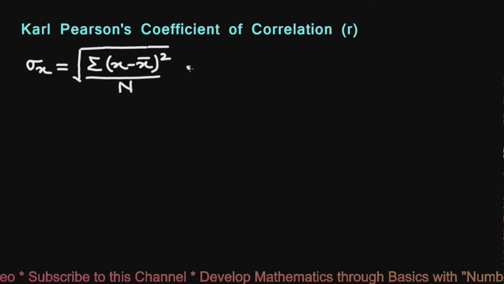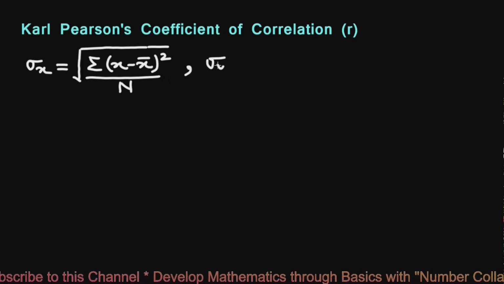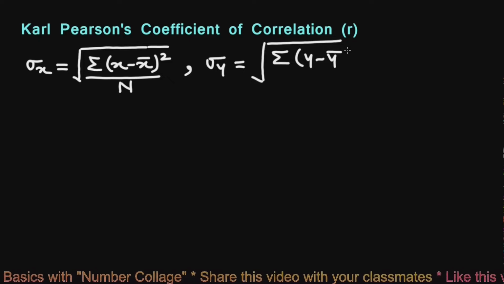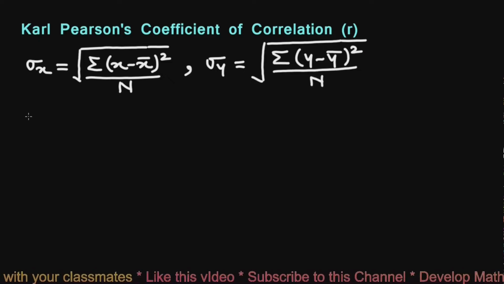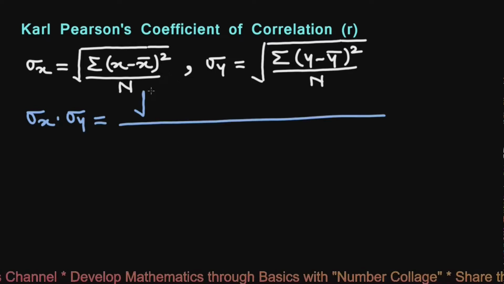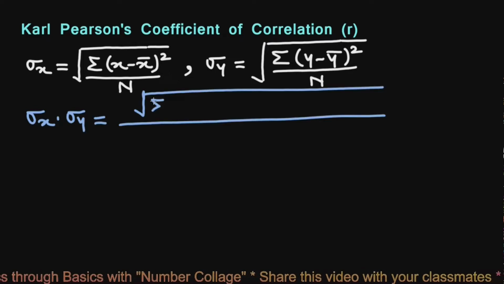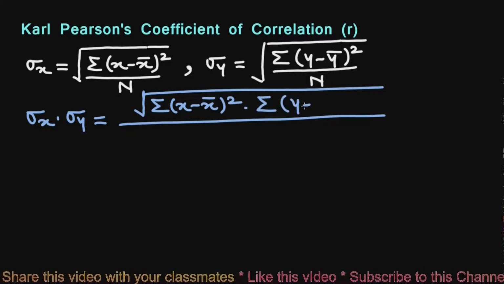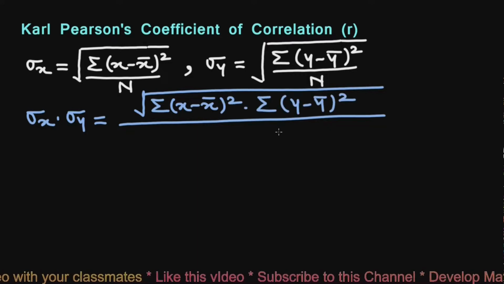We have standard deviation sigma x equals square root of summation (x minus x bar) whole square upon n, and sigma y equals square root of summation (y minus y bar) whole square upon n, and the product of sigma x and sigma y will be square root of summation (x minus x bar) whole square into summation (y minus y bar) whole square upon n.